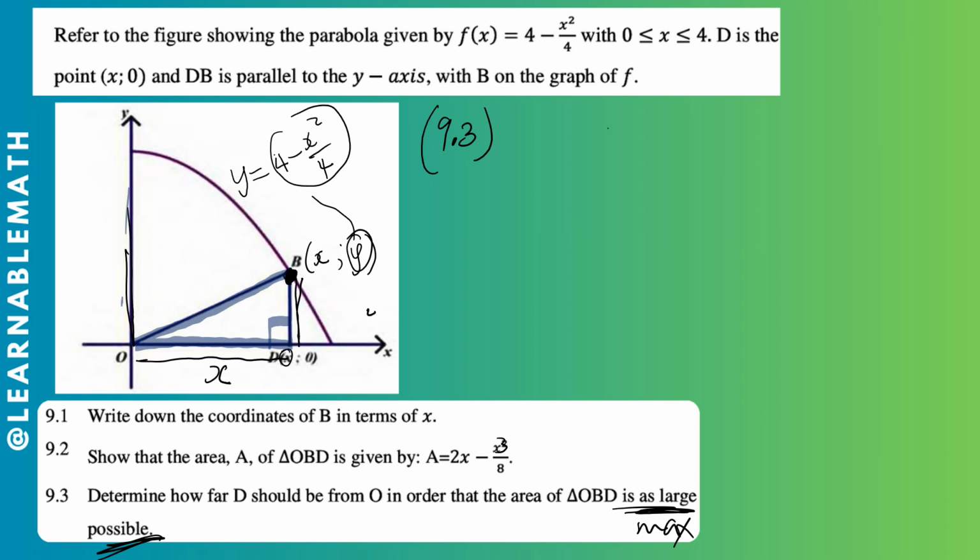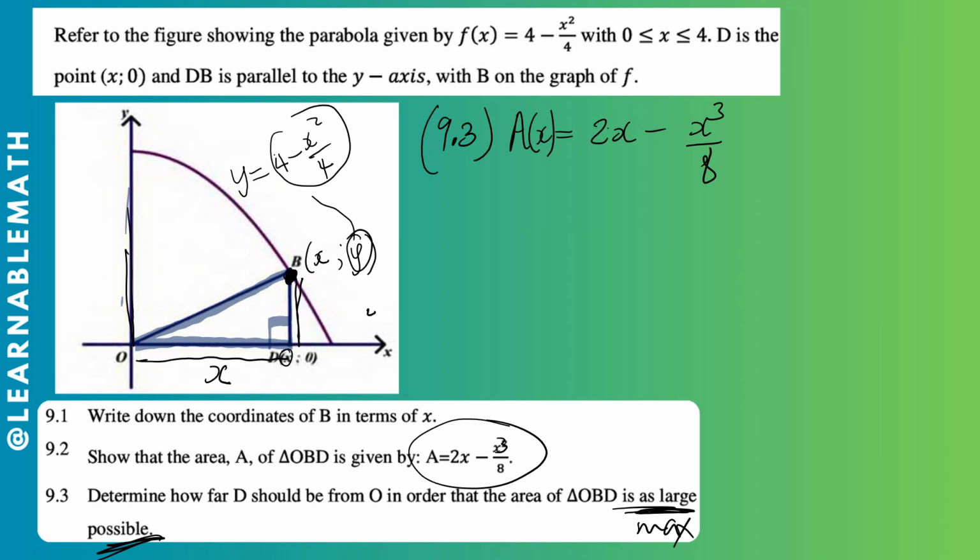The quantity we need to maximize is the area. We need to have the equation for the area. 9.2 has already shown you how the area is. It's 2x minus x exponent 3 over 8. So that is the equation of the area in terms of x.